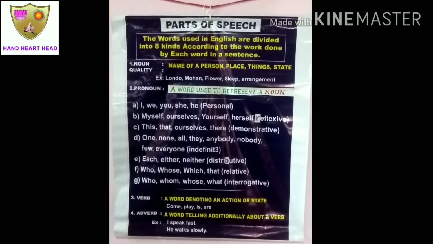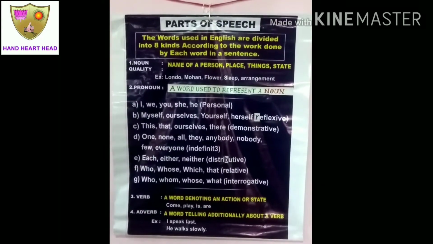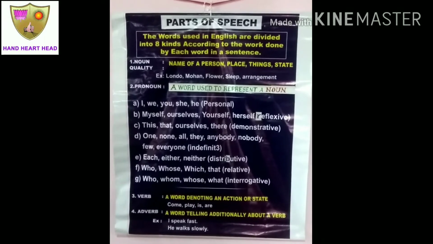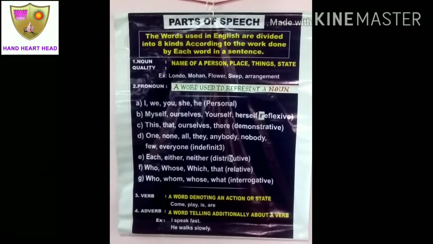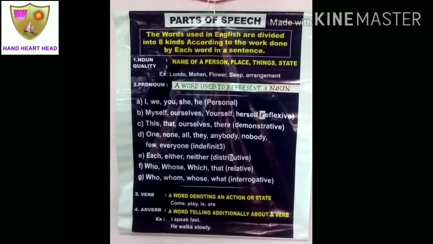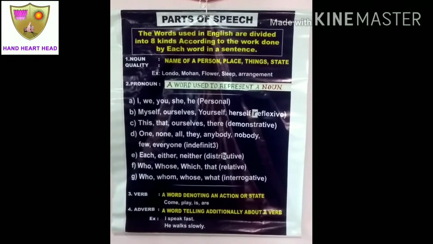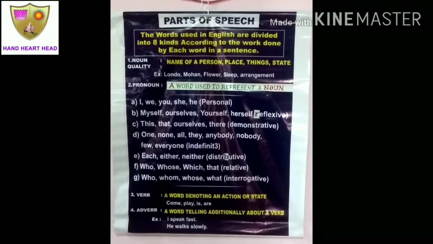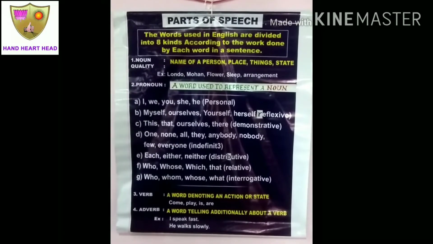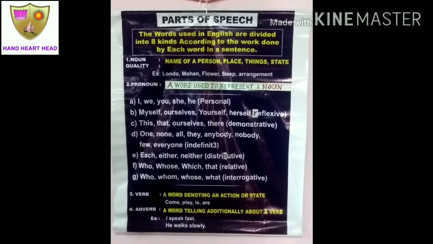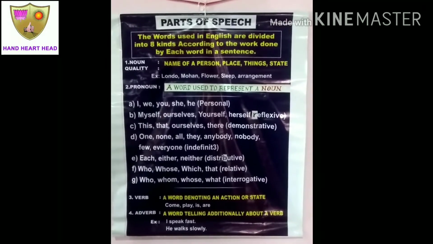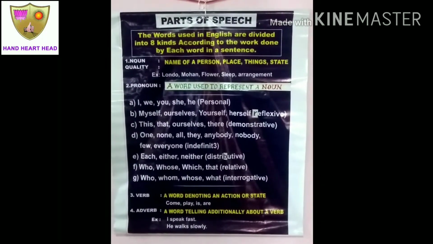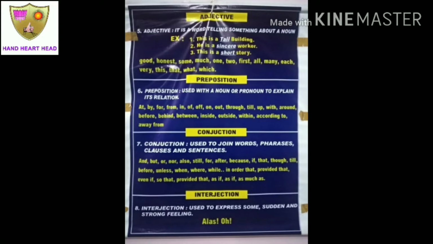Now today we see the noun, pronoun, verb and adverb. I will tell about the remaining parts of speech in the next class. You should recall and repeat yourself many times in your memory. Thank you, students.